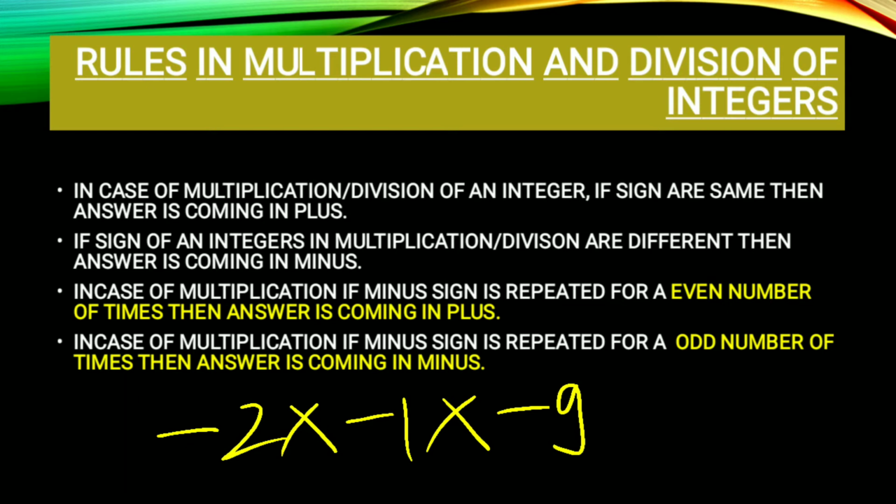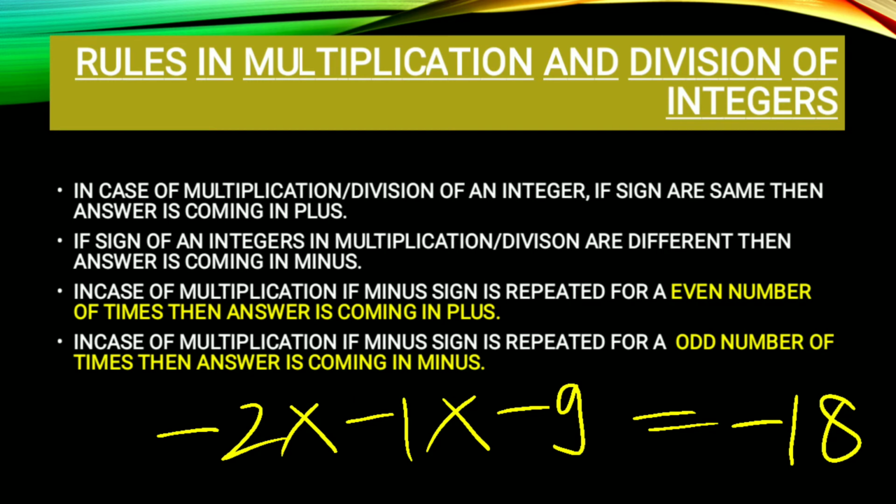Check how many times the minus sign appears: 1, 2, and 3 times. 3 times means an odd number of times, so the answer comes in minus. 9 2s are 18, 18 1s are 18, so the answer is minus 18.